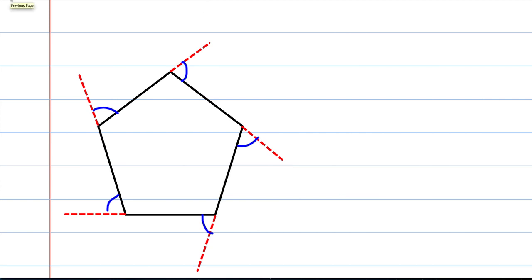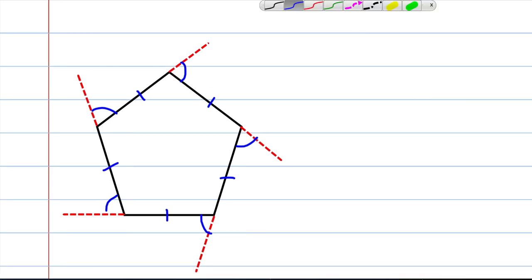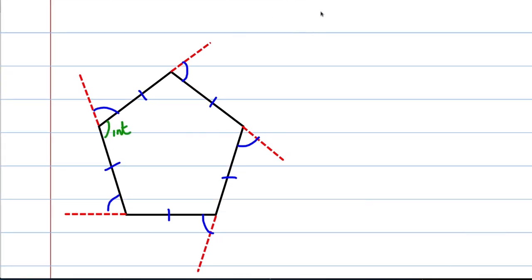Now, with a regular shape, assume here we've got a regular shape, i.e. all the sides are the same length and all the interior angles are the same. So I label this interior. Now I've highlighted on this picture the exterior angles. These are the angles that the shape makes if you extend one of its sides as a straight line, the angle that extension makes with the next side along.